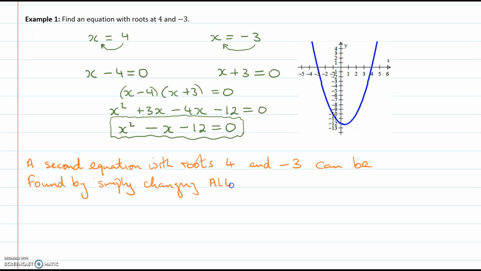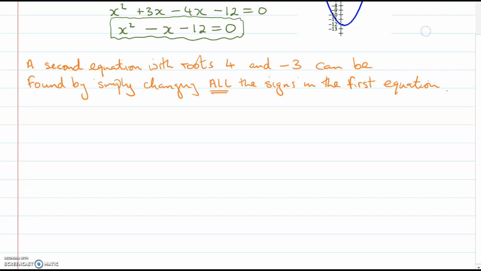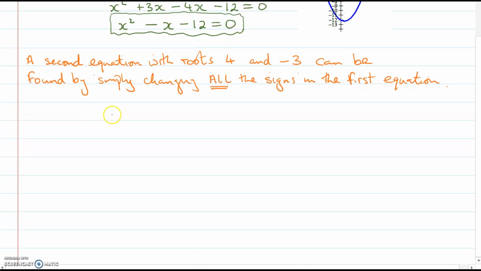But it has to be all the signs in the first equation. So our first equation was x squared minus x minus 12. So we're going to try negative x squared plus x plus 12 equals 0.